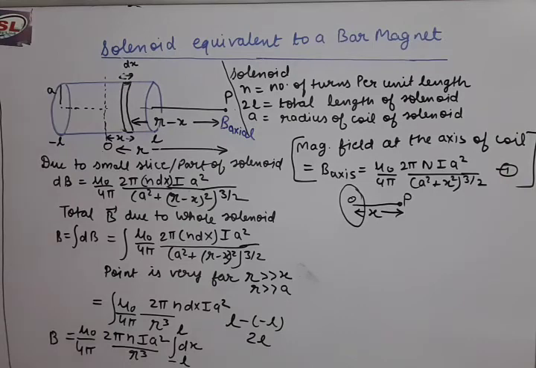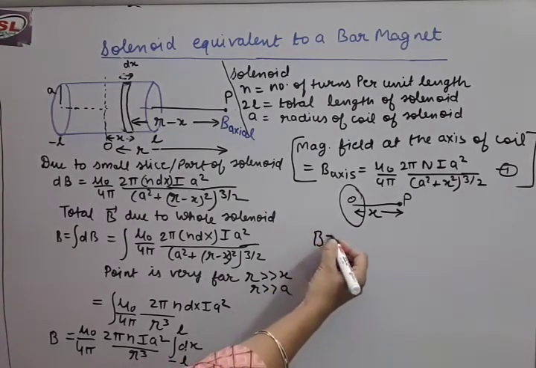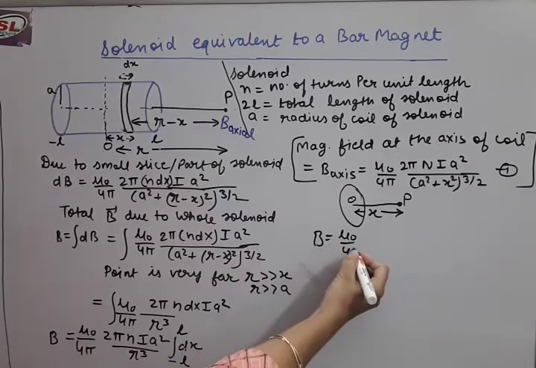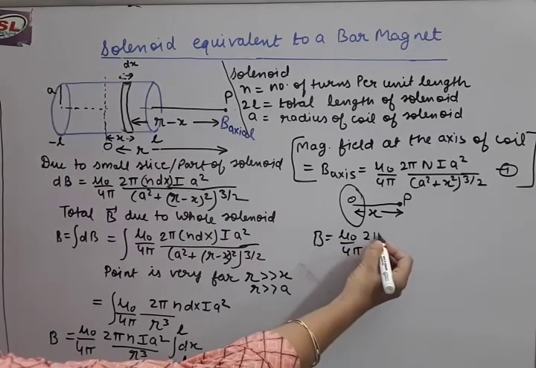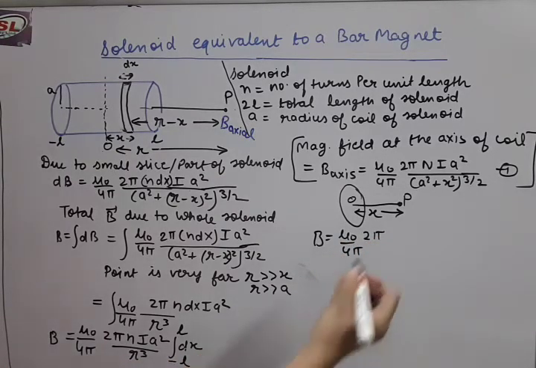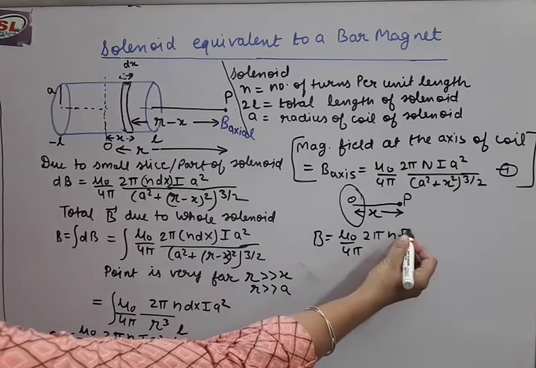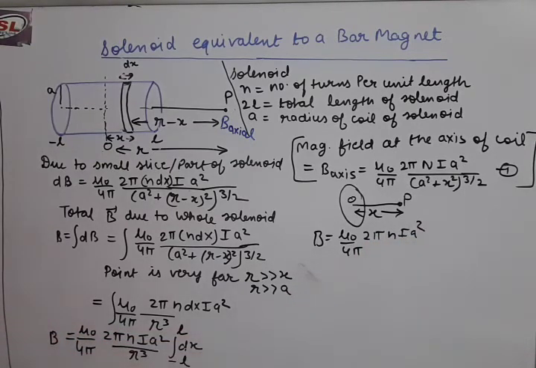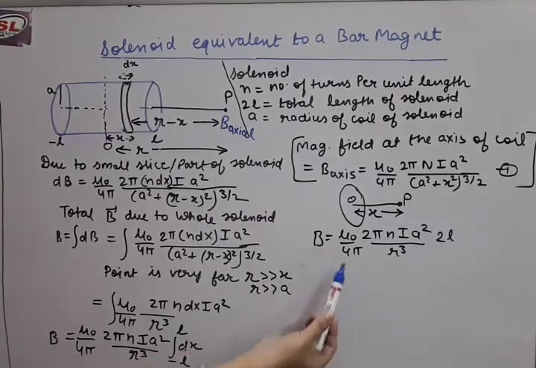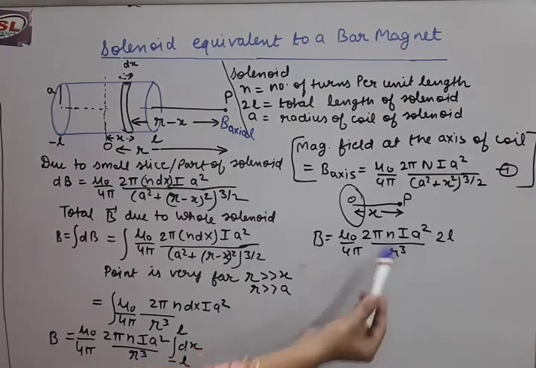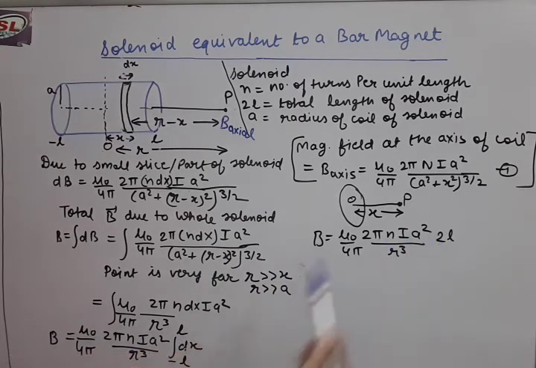So I am putting this in place of the dx term: mu 0 upon 4 pi 2 pi n I a square r cube, and integration of dx will become 2L.